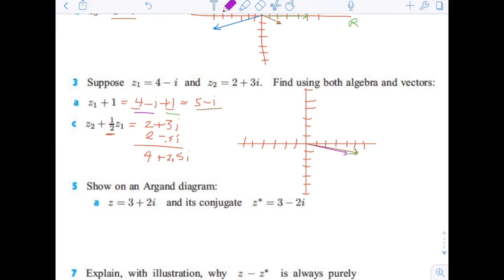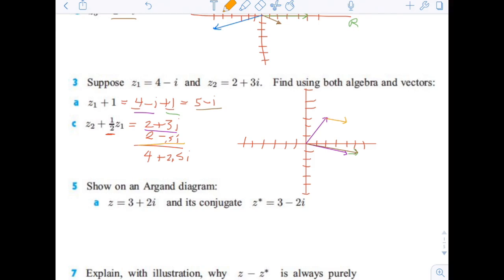Z2 plus 1/2 Z1. So Z2 would be 2 plus 3i, so that would be about like that. Let me try that again. 2 plus 3i would be about like that. And then I'm going to add 2 minus 0.5i, which would be 2 to the right and 0.5 down.